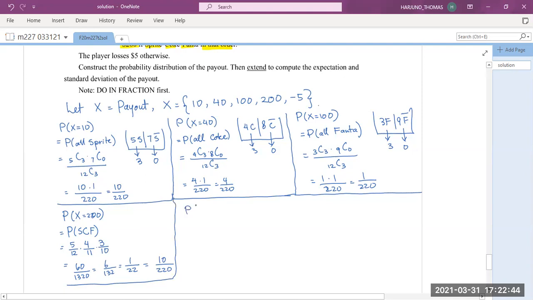So what about the probability of losing $5? There are so many ways to lose, right? But we know the total has to be 1. So let's just do it this way.